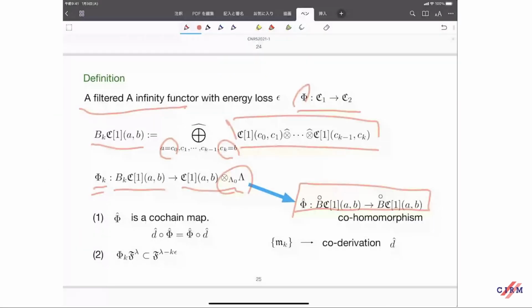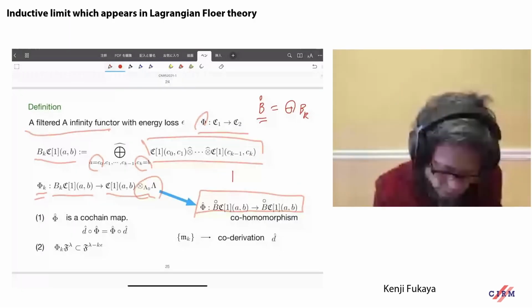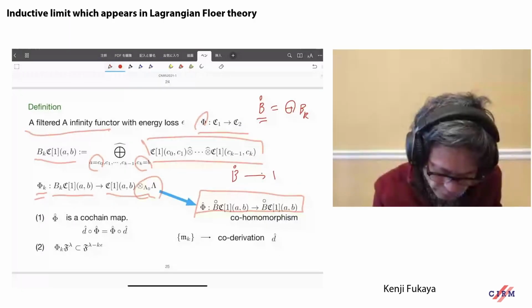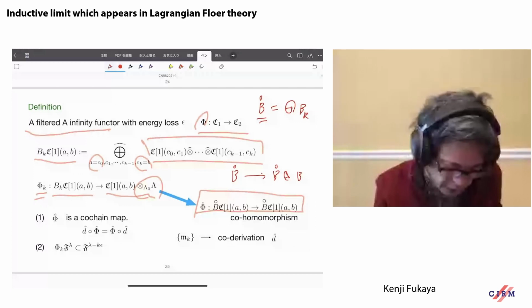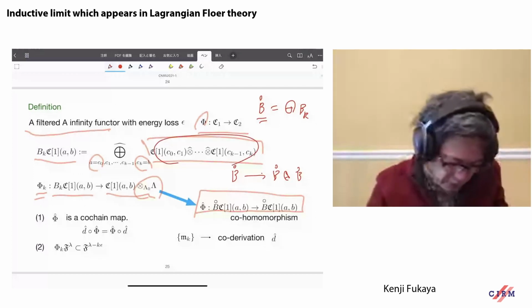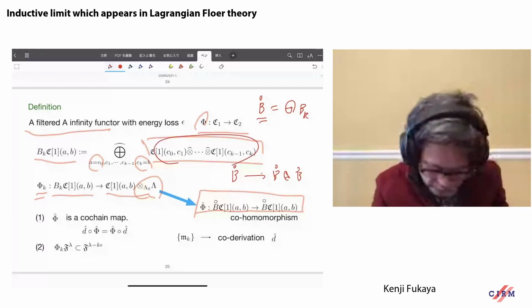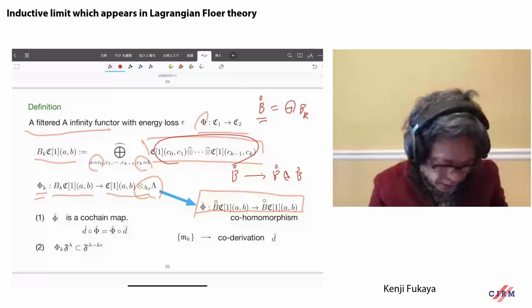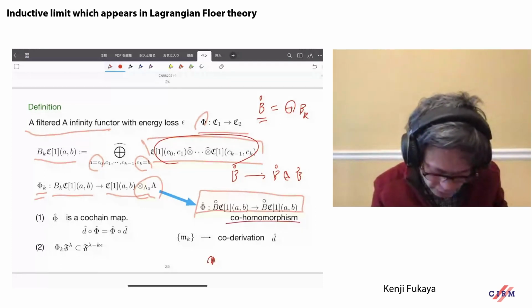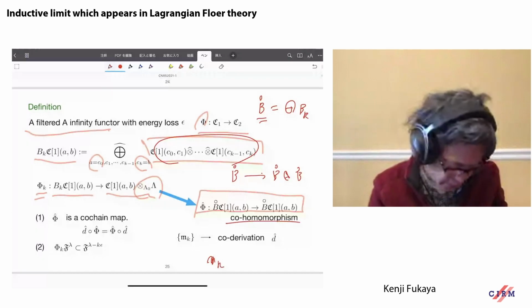So this B naught is just a direct sum of the Bk, and this B naught has an obvious co-product. And you can extend this phi k to a co-homomorphism. And you have the mk operations, which are the structure of the infinity structure, and this gives the co-derivations.